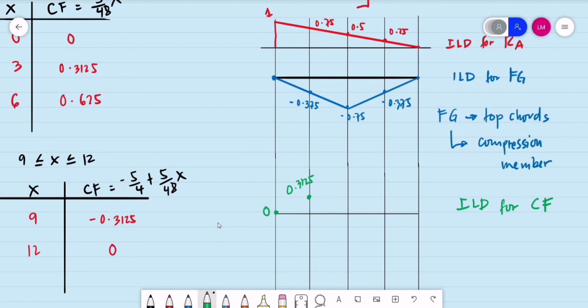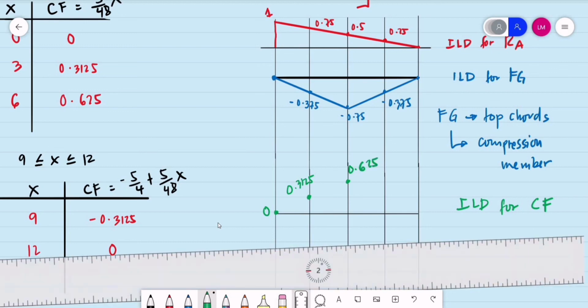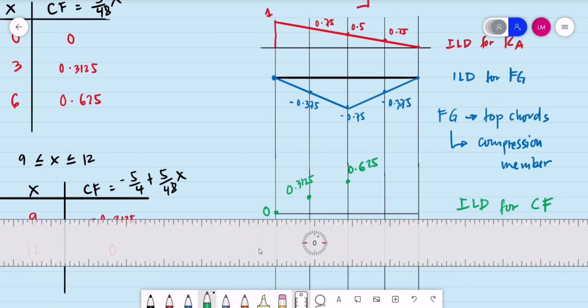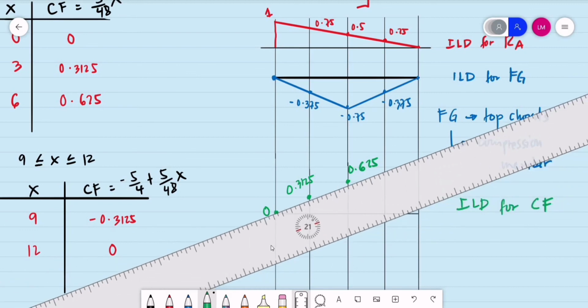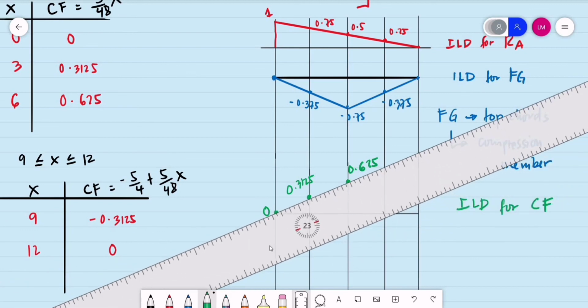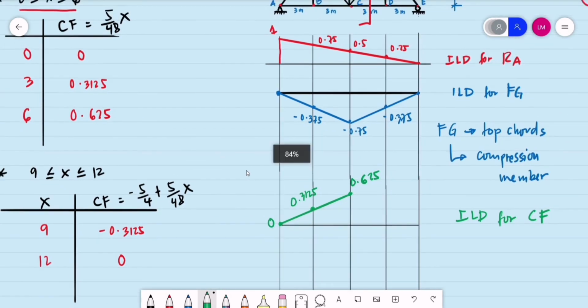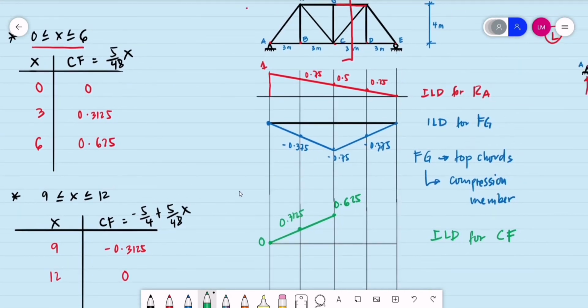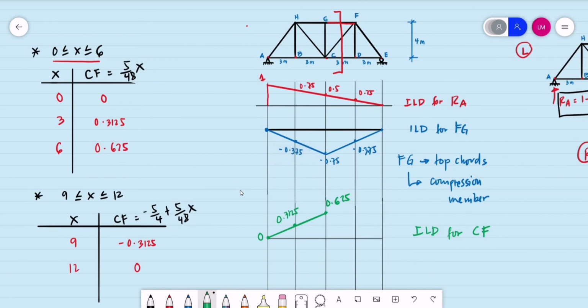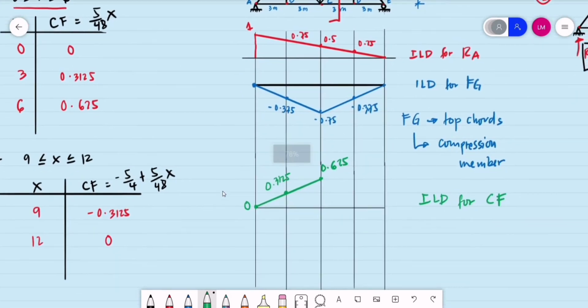At x equal to 6, that is equal to positive 0.625. So which means, if we have the moving load in the interval 0 to 6, the axial force for member CF will be under tension, since we have positive ordinates for the influence line.